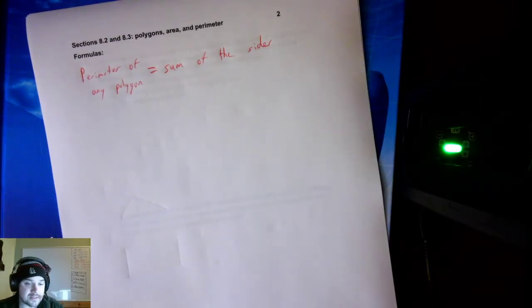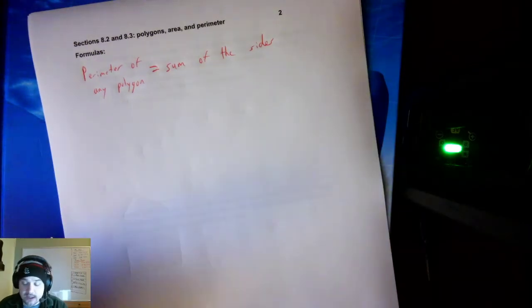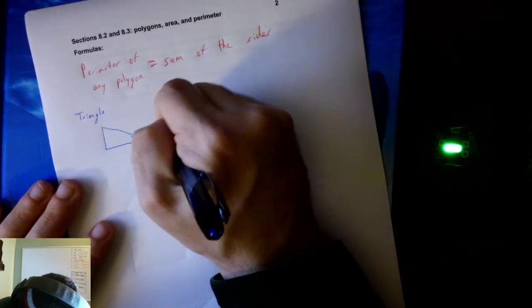Now let's look at some more specific formulas. And first, let's draw some shapes in. So I'm going to draw a few shapes here, and I'll name them. Let's draw a triangle. And now for any triangle, I'll draw 2 triangles here that have the same sort of setup, just look a little different.